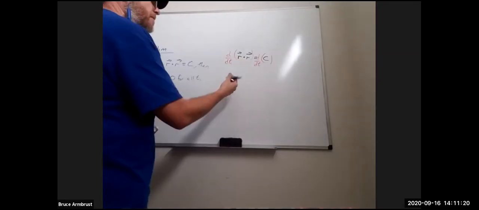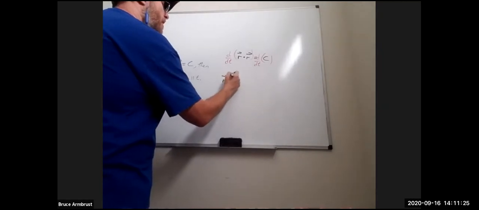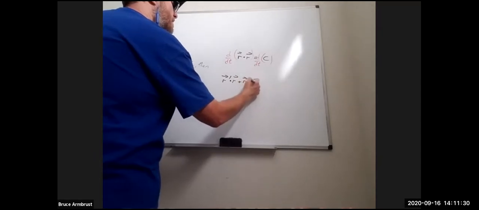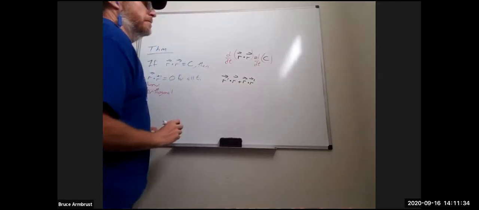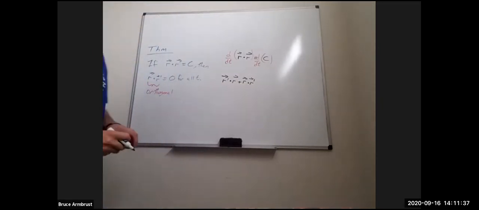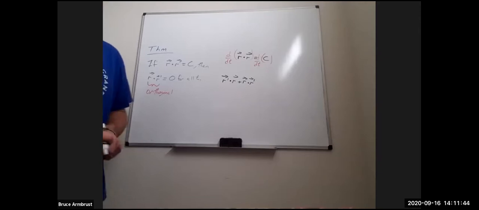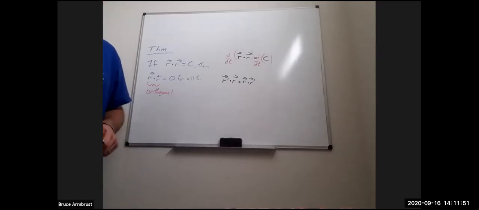All right, so if we use the dot product rule, we're going to get r prime dotted with r plus r dotted with r prime. So if you go back and look at rule number 4 or whatever it was on our list, that's the dot product rule. So what about the right? What happens when we differentiate C? 0.